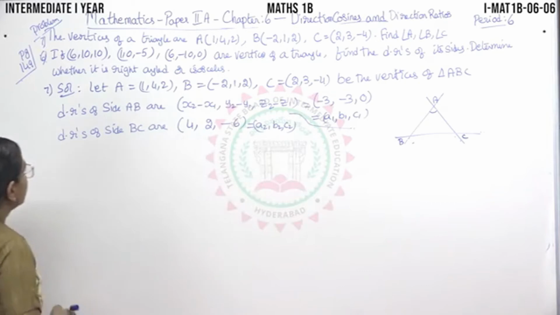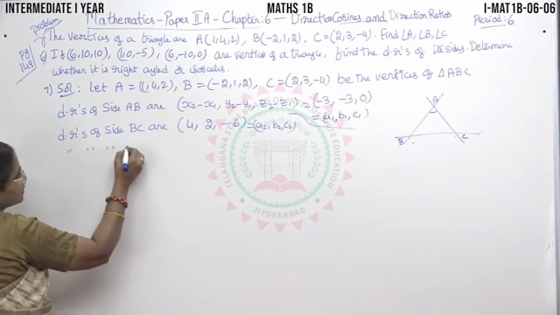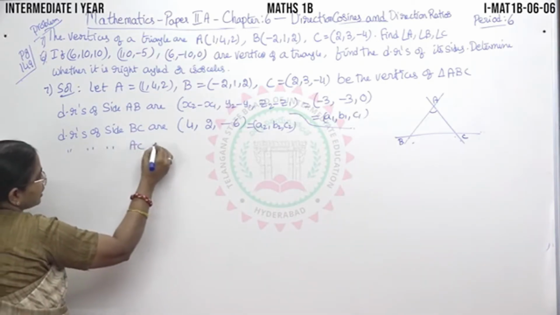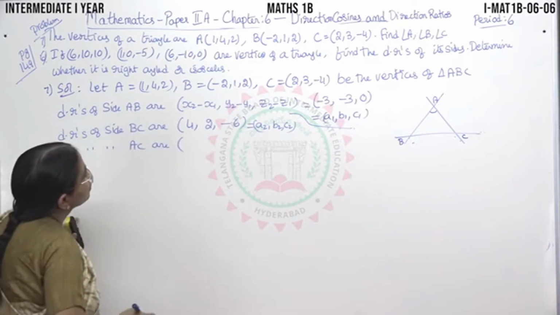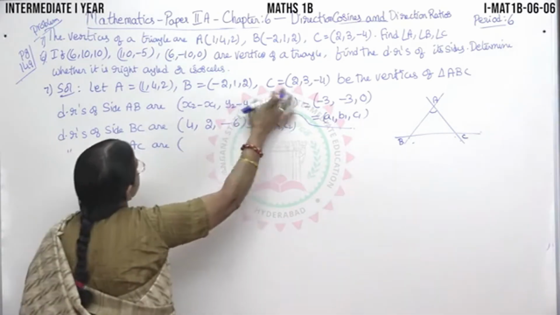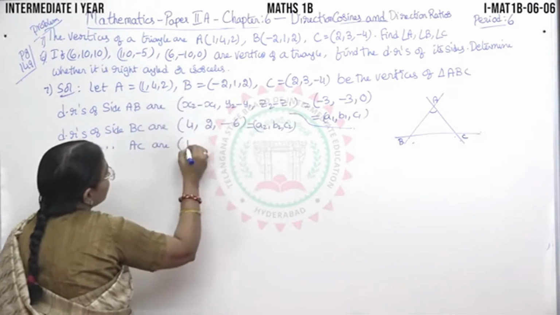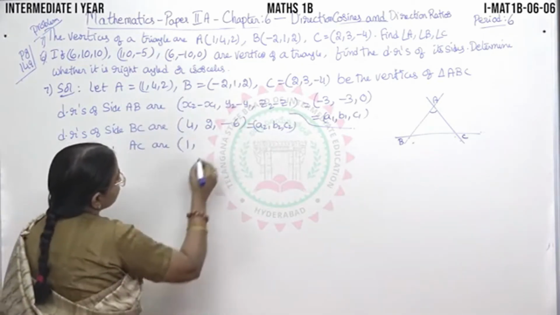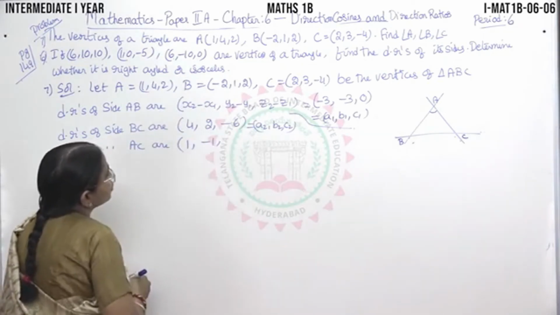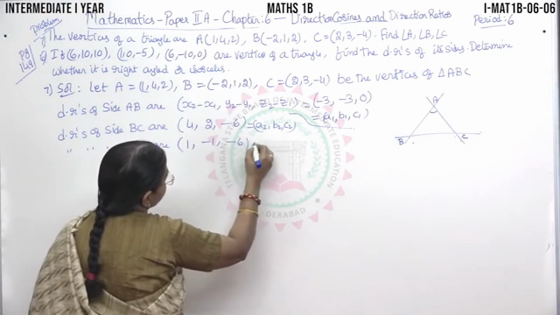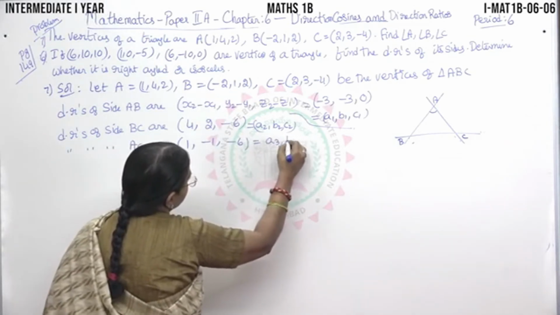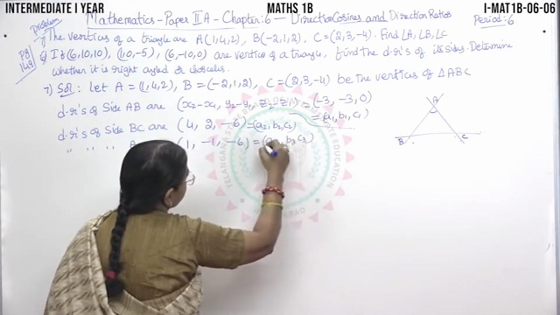And then the direction ratios of side AC, or CA, anyway you can take. So 2 minus 1 is 1, 3 minus 4 is -1, -4 minus 2 is -6. So these are A3, B3 and C3.